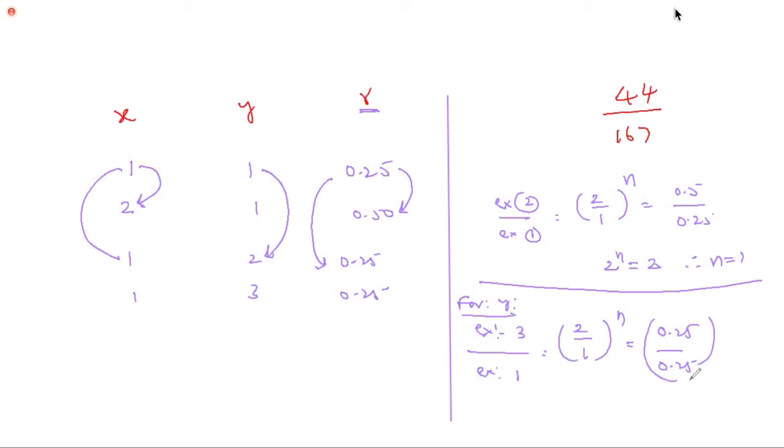So 2 power n equals 1, so n is 0. Therefore, the rate is not changing with y, so order with respect to y is 0. I am changing the concentration double, rate is not changing. Rate not changing means it is not affecting the rate of the reaction, which means it is 0 order. So x is first order, y is 0 order.